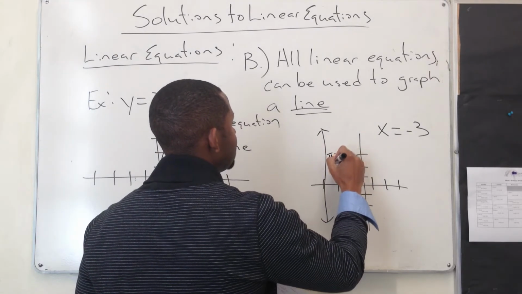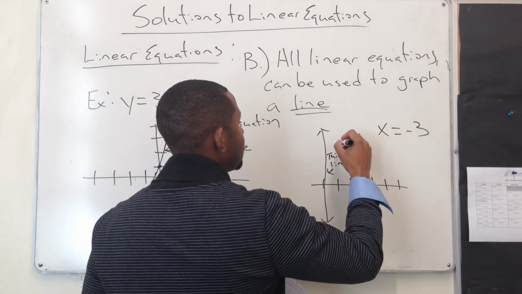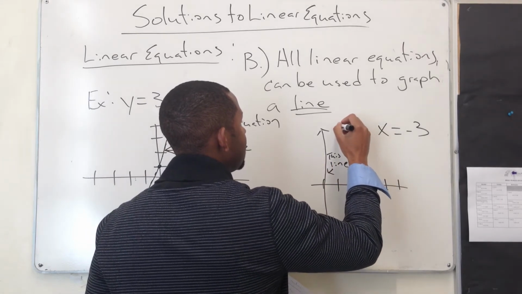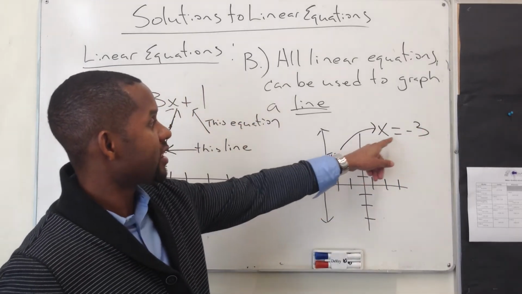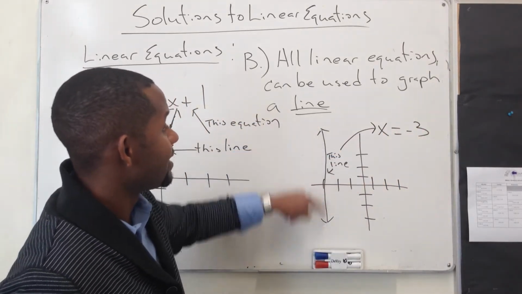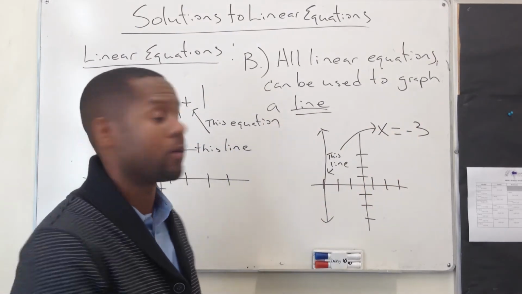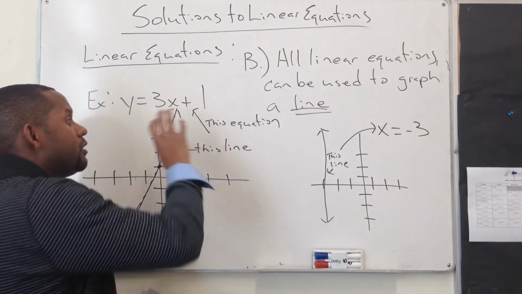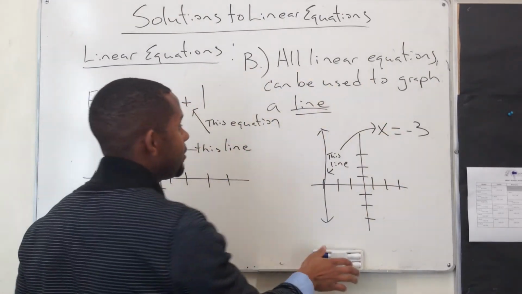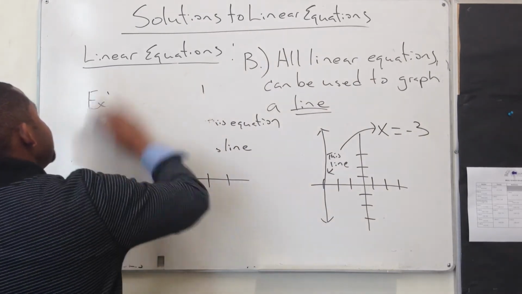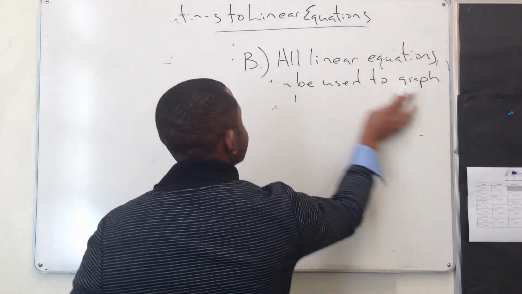This line right here is a representation of the equation x equals -3. Those say the same thing. I've said it like 50 times. Hopefully that's sinking in. Linear equations make lines. Lines come from linear equations. Let me go ahead and erase that.